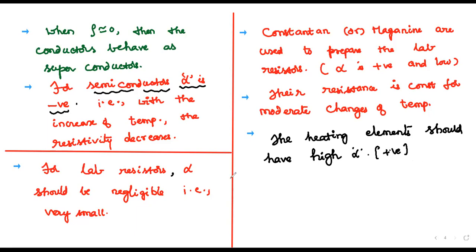What kind of materials have high alpha? A pure metal won't have high alpha.